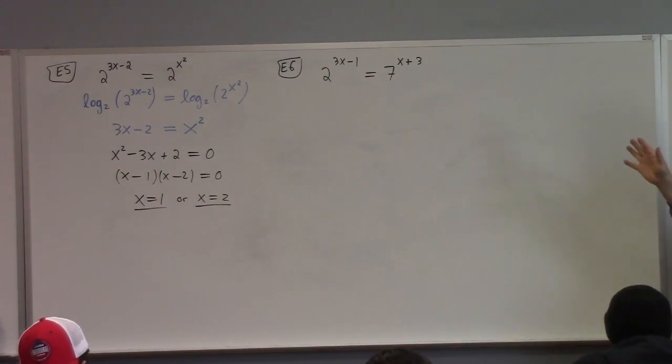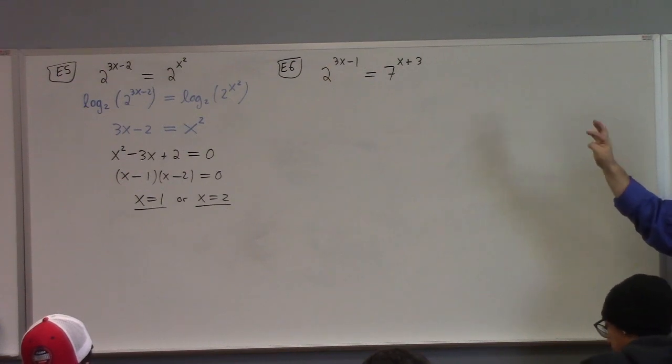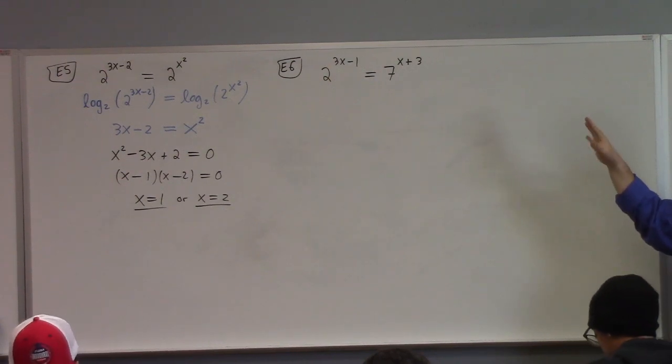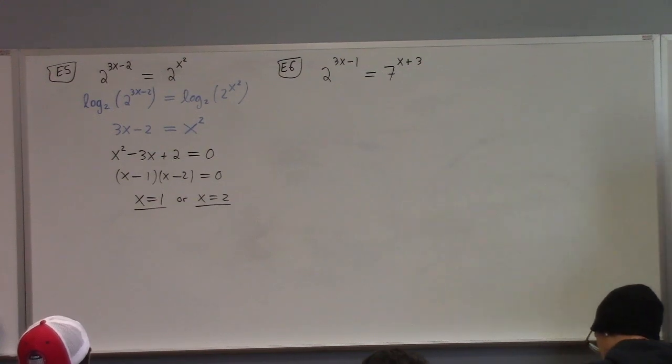So there's two natural choices here: log base 2 or log base 7, right? Either one at least gets rid of the ugliness on one side or the other. But the bad thing about both of those choices is if you look at your calculator, you're going to find out that log base 2 and log base 7 are not readily available. What is readily available is the natural log.